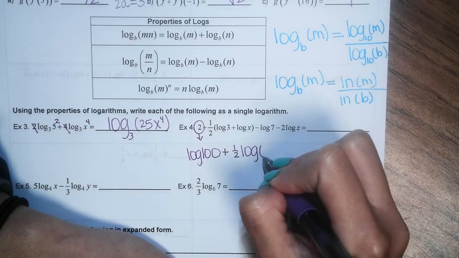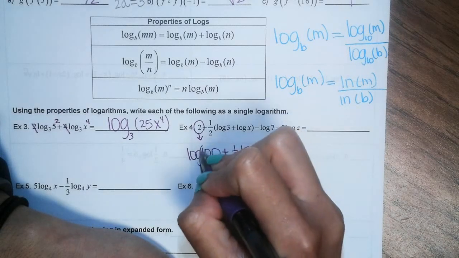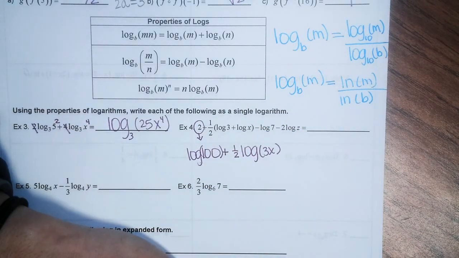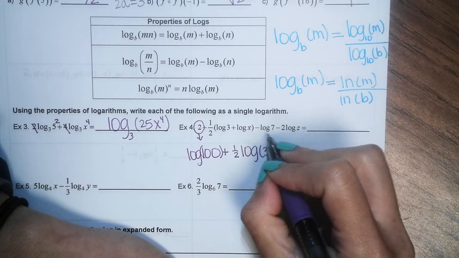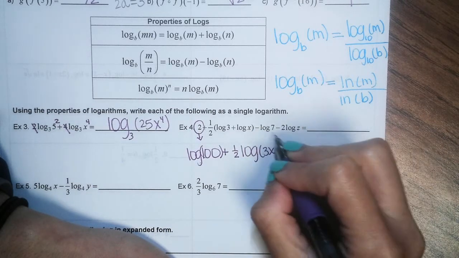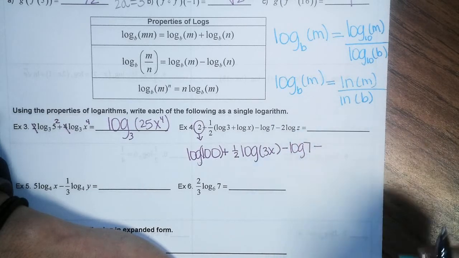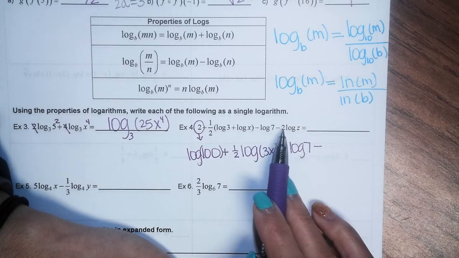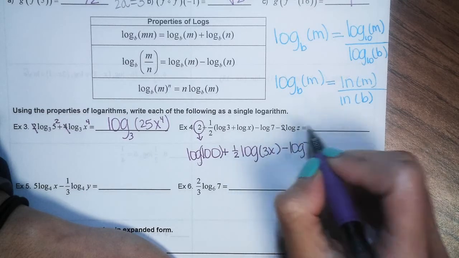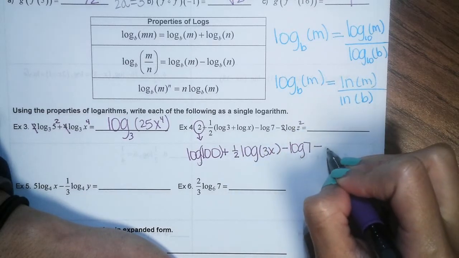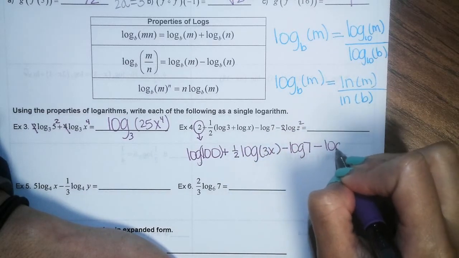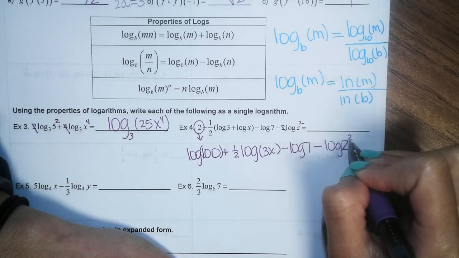So log 3x. The rest I'm just going to leave: minus log 7, minus, I'm going to write that 2 as the exponent, minus log z squared.